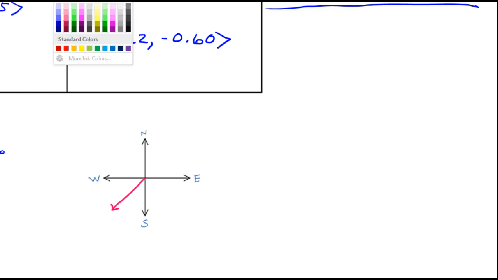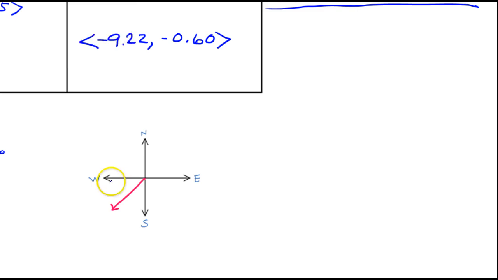And then go ahead and break that apart into its vertical and horizontal components. So my horizontal component is the negative 9.22, and the vertical component is the negative 0.60. We can use this to find the, well, you know what, I should call this R, because this is about to be the reference angle.